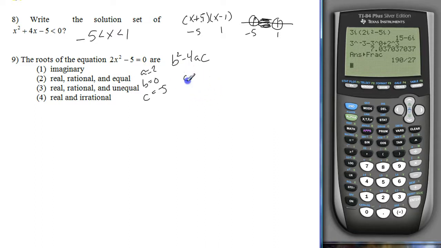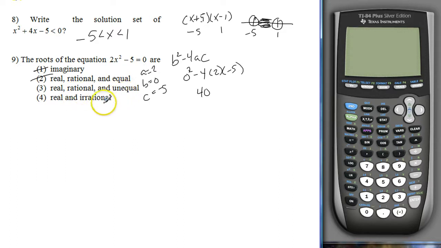So it's going to be 0 squared minus 4 times 2 times -5. Crunch this out, we get 40. 40 is a non-perfect square. Negative numbers would be imaginary, equal is 0, and rational unequal would be perfect squares. 40 is not perfect, therefore it is choice 4.